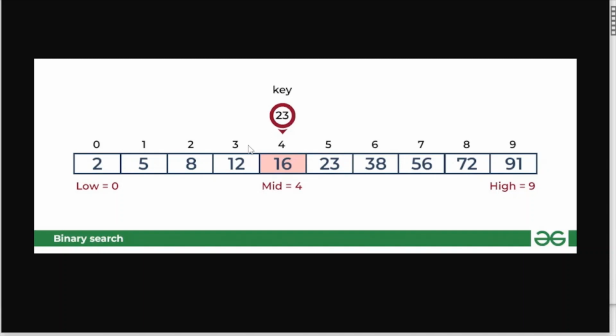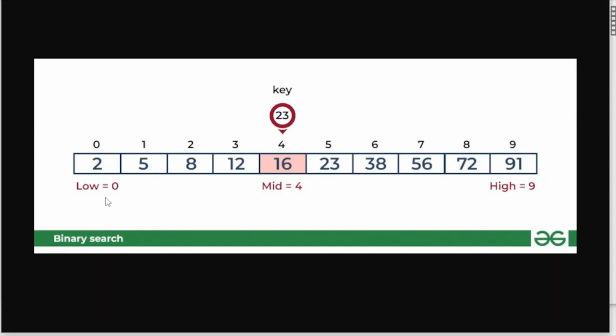Coming to binary search, this searching algorithm requires an array to be in sorted order. In the given image, we can see our array is given to us which is in increasing fashion and we are also given a key. We have to find the key in the given array using the binary search algorithm. This algorithm requires us to use two variables.